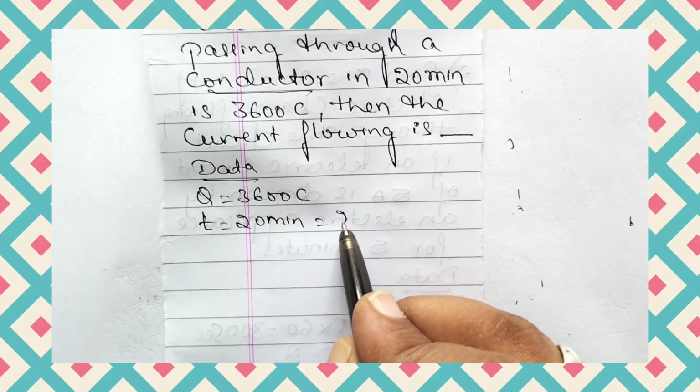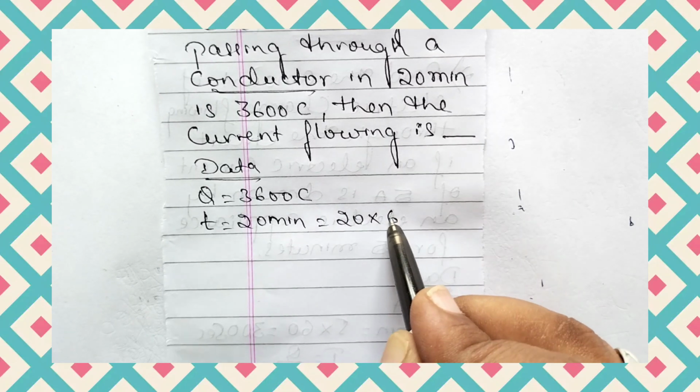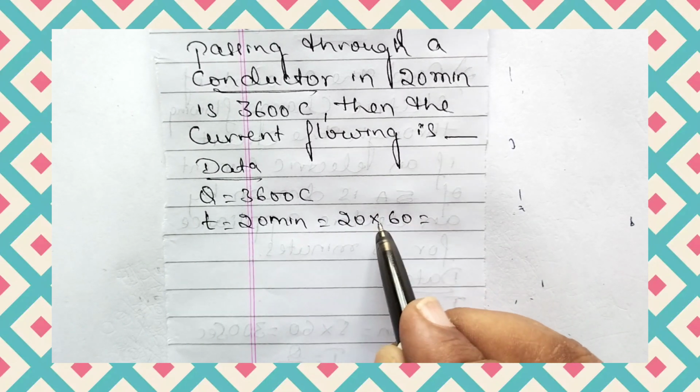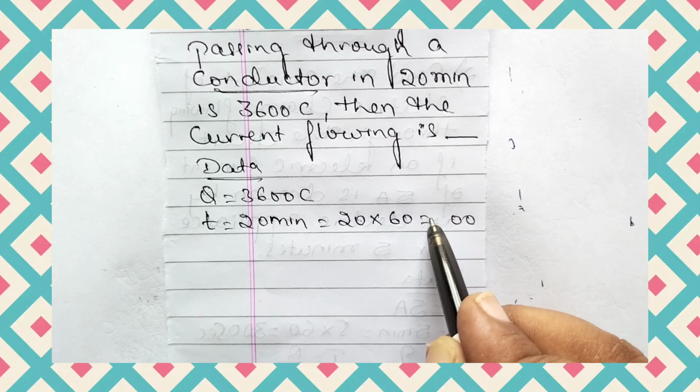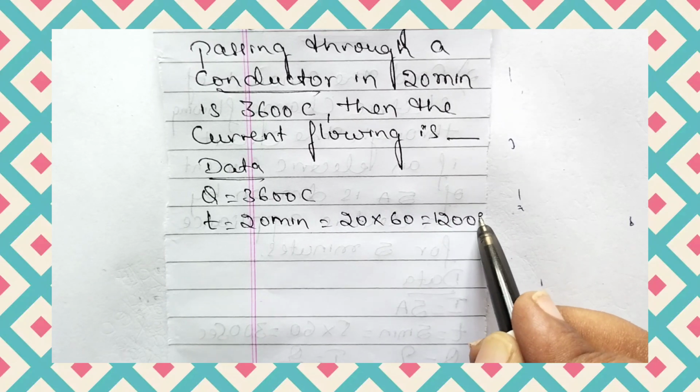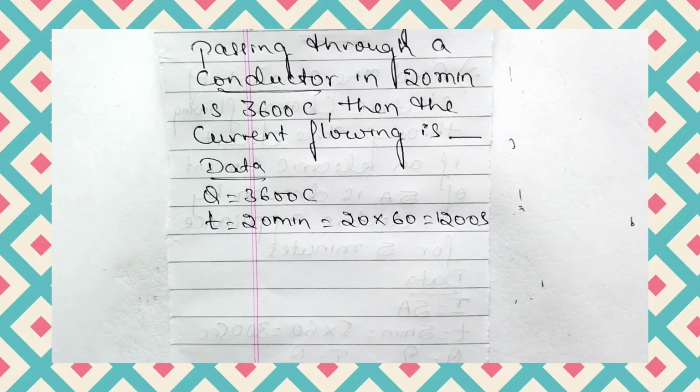So that is equal to 20 into, for 1 minute, 60 seconds. So 2 zeros you write down, then 2 6s are 12. So how many seconds? 1200 seconds.